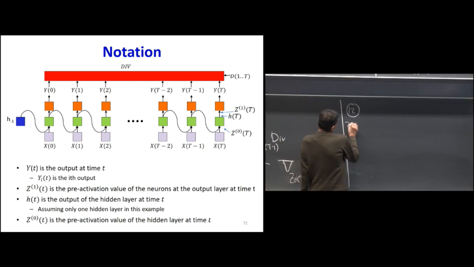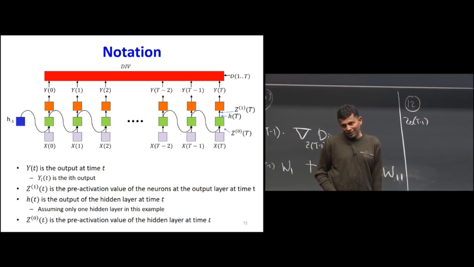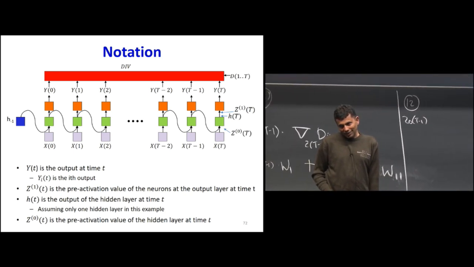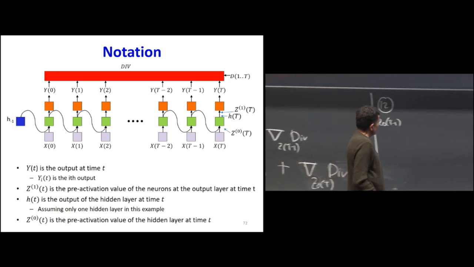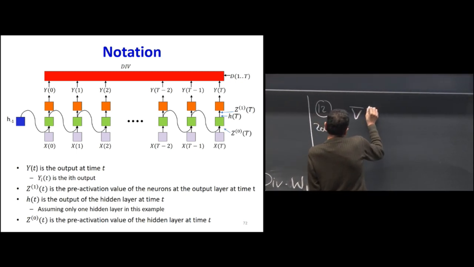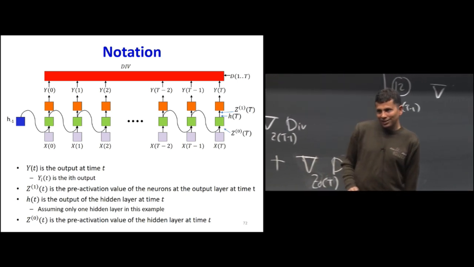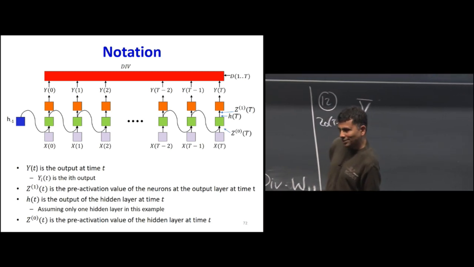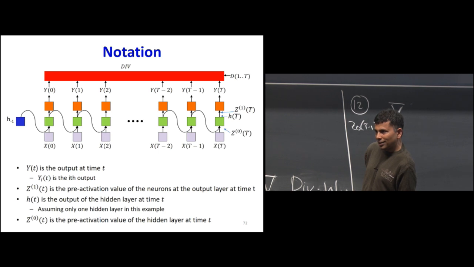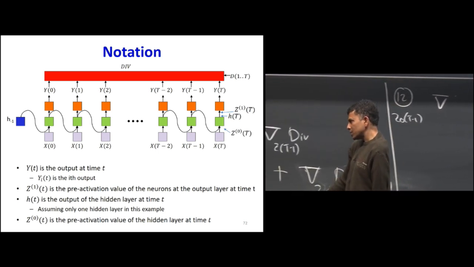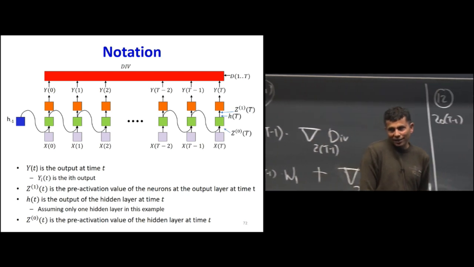And what is that going to be? This is the derivative of the divergence. You can actually refer to older equations, right? I've already computed the derivative with respect to h of t minus 1. Now use that.